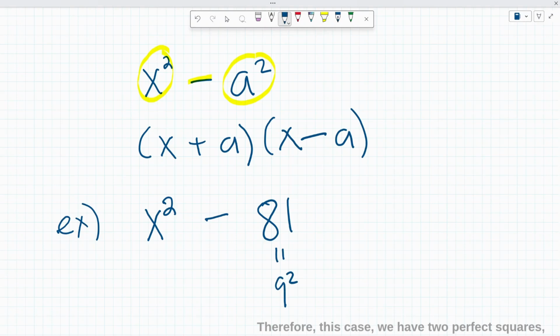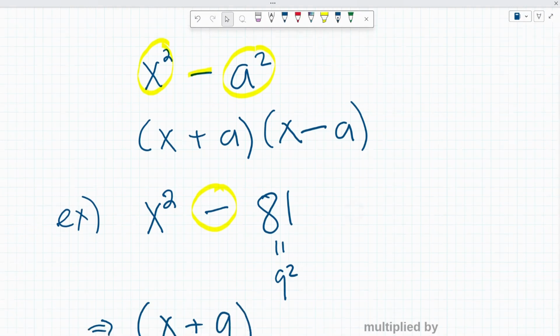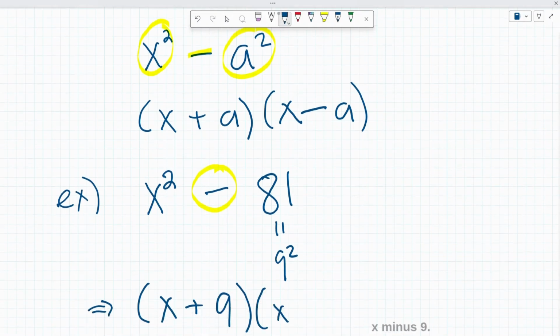Therefore, we have two perfect squares, separated by a subtraction. So this is a difference of squares, and now we can follow the same template to factor this. In factored form, we have (x plus a), which is 9 in this case, multiplied by (x minus 9). And there you go, it's all factored.